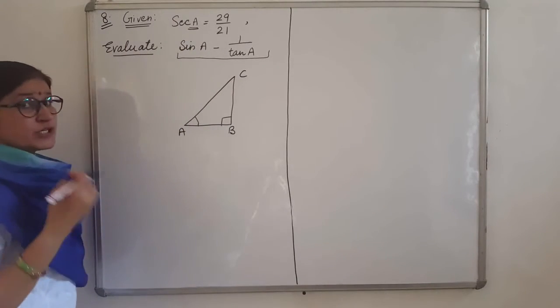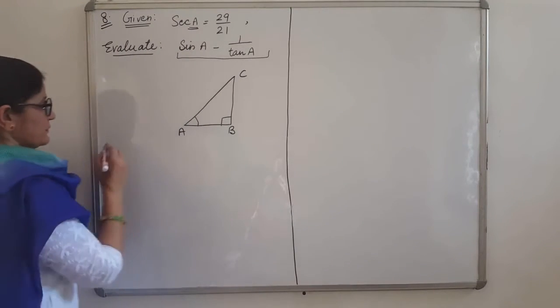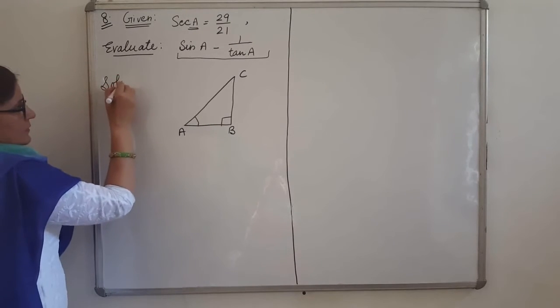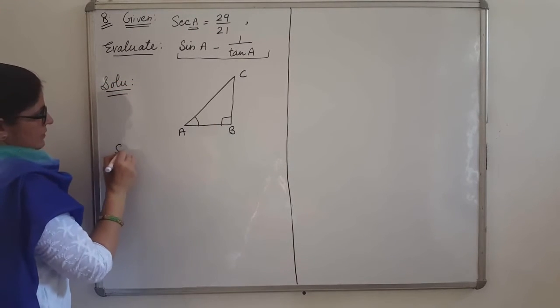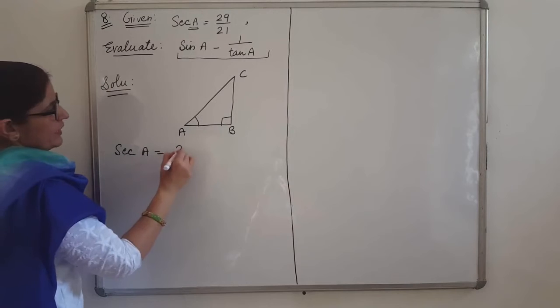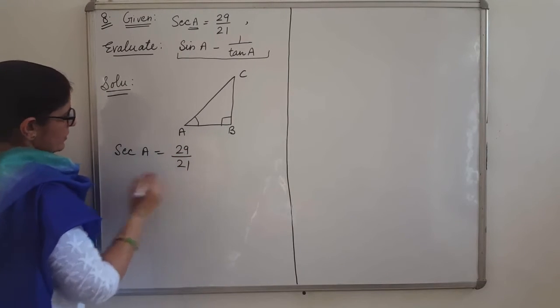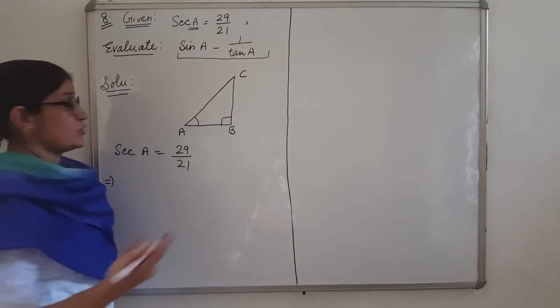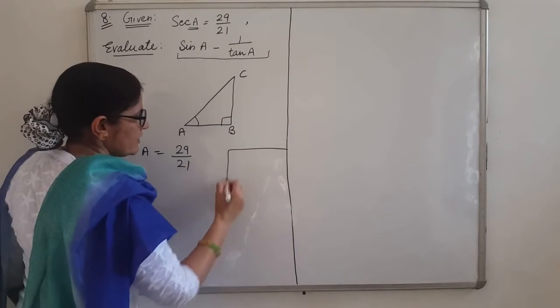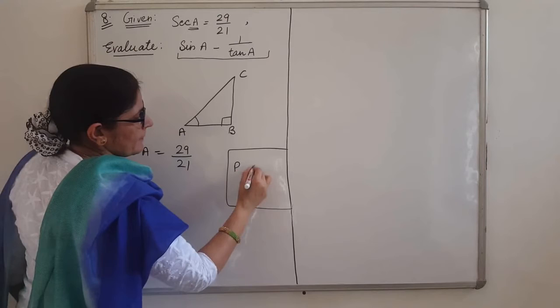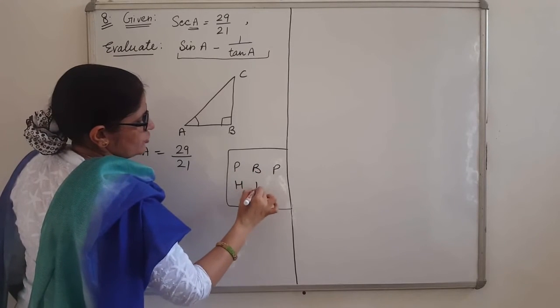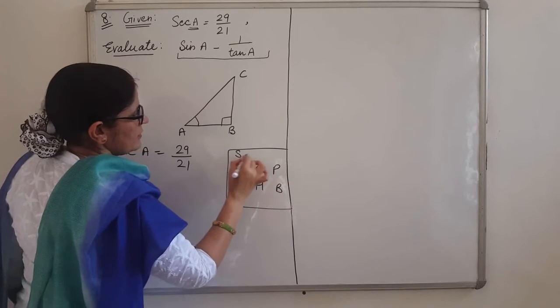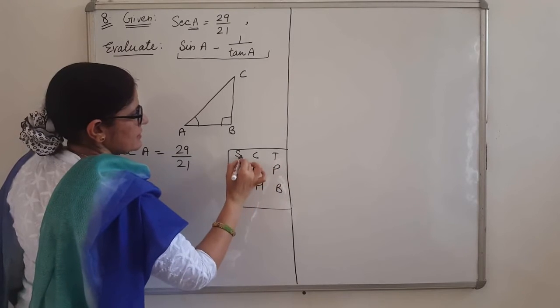Secant is the ratio of which two sides? The value of secant A is given as 29 over 21. So we'll write the same here again: H, sin, cos and tangent.